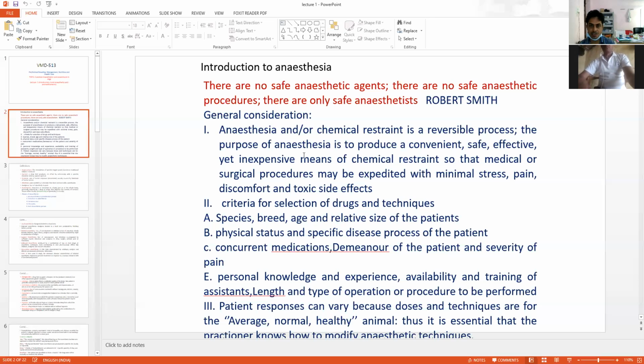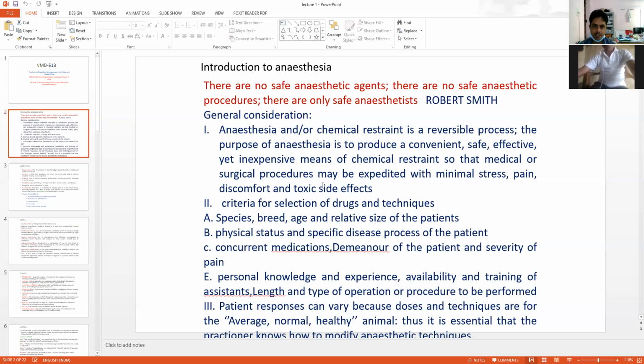So, general consideration. Anesthesia, for wild animals, is known as chemical restraint. It is a reversible process. Many anesthetics have a reversal agent to reverse the effect of that particular anesthetic. The purpose of anesthesia is to produce a convenient, safe, effective, and inexpensive means of chemical restraint. So whatever anesthesia you are using, it should be less expensive and should have a reversal agent.